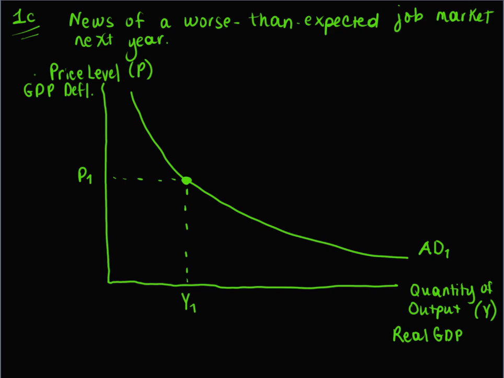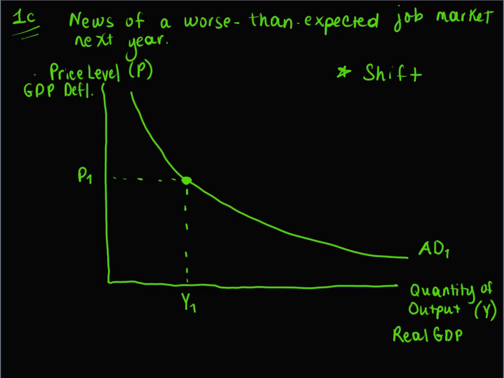Our next question then has to be, okay, well, if we're shifting the aggregate demand curve, are we shifting it to the right, meaning aggregate demand has increased, or are we shifting it to the left, meaning aggregate demand has decreased? Now, you can check your chart that describes the factors that shift aggregate demand, but we can also think about this just intuitively, because this falls in the realm of expectations.